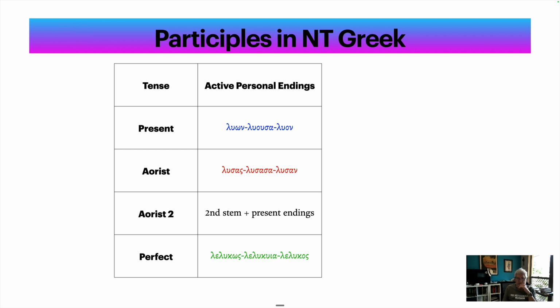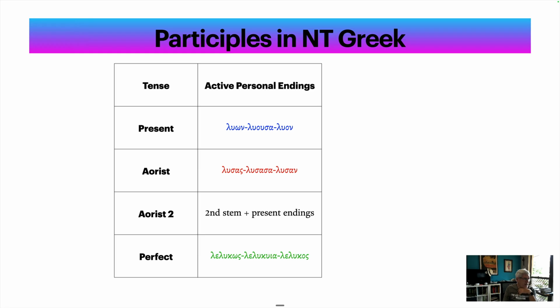And the perfect is going to have the duplication on the front. It's going to have the distinctive kappa as a marker of the perfect, and again it's in masculine, feminine, neuter forms, nominative, accusative, genitive, dative, singular, plural, all the way through.